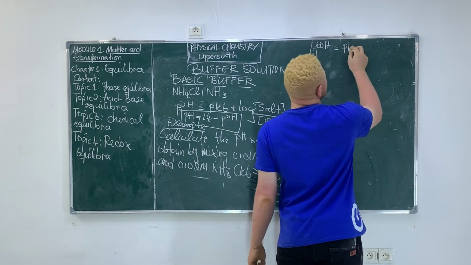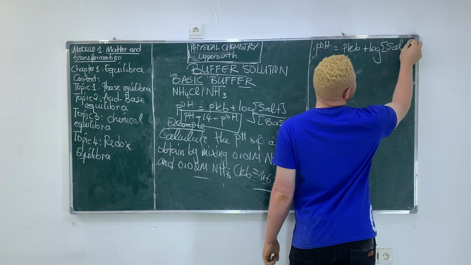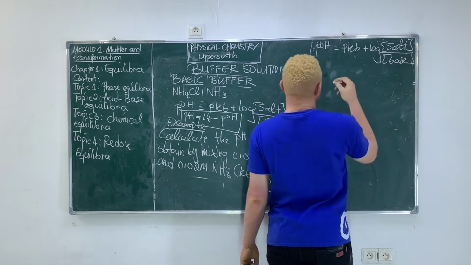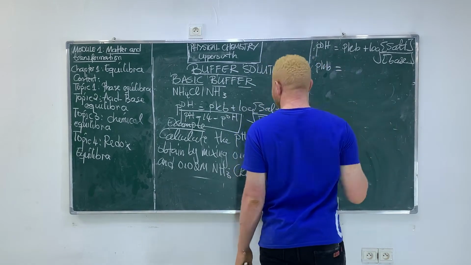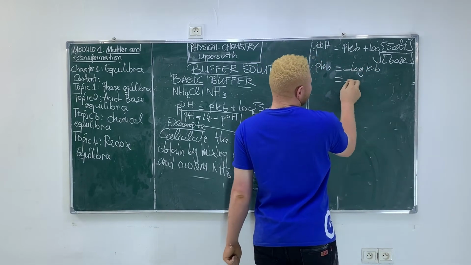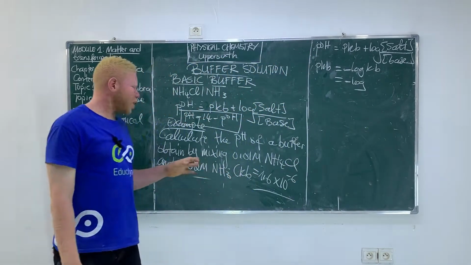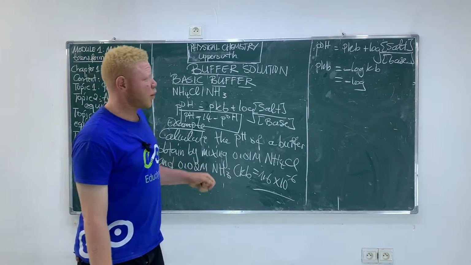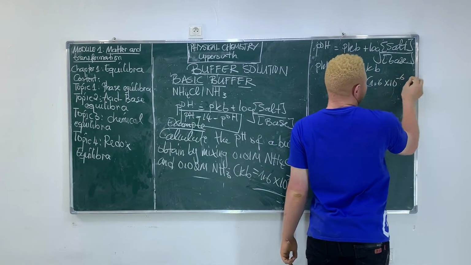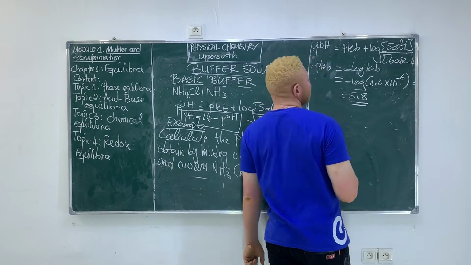pOH is pKb plus log of the concentration of the salt over the concentration of the base. So the pKb is equal to minus log of our Kb. Our Kb is 1.6 times 10 to the minus 6, which gives 5.8, because we calculated this before.